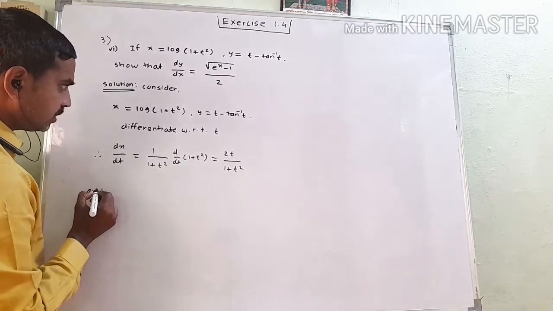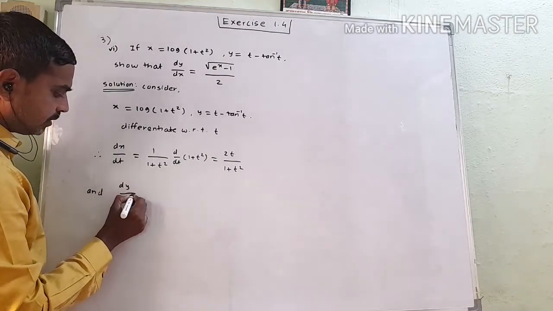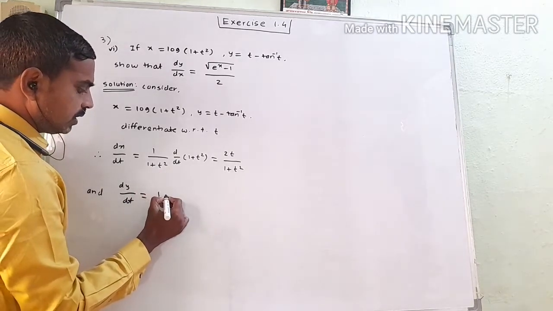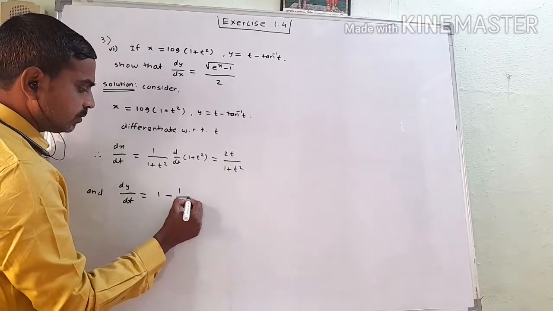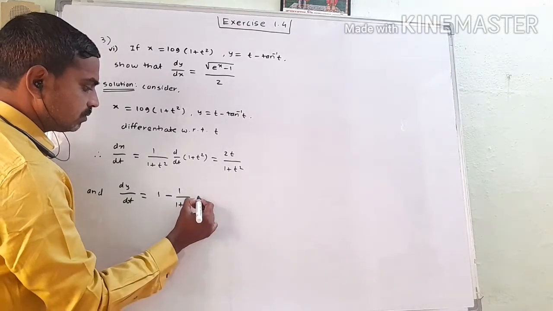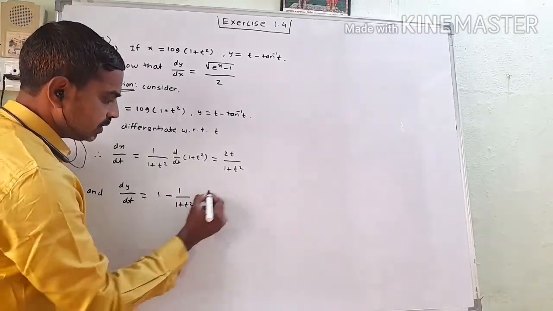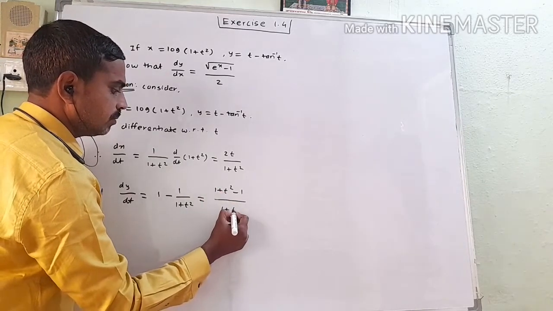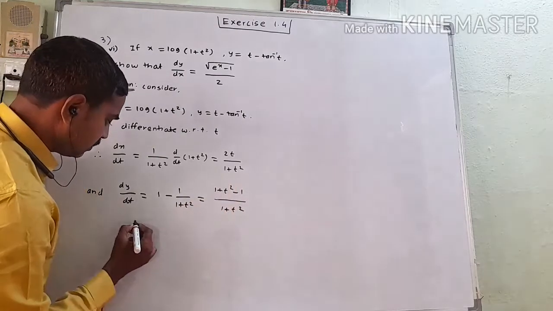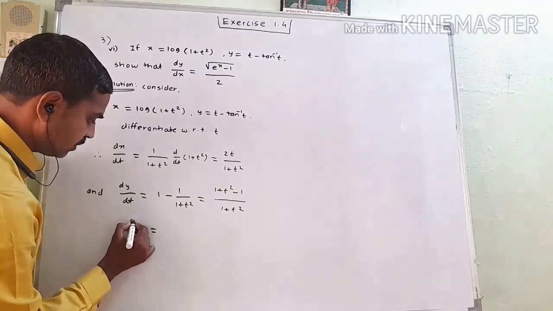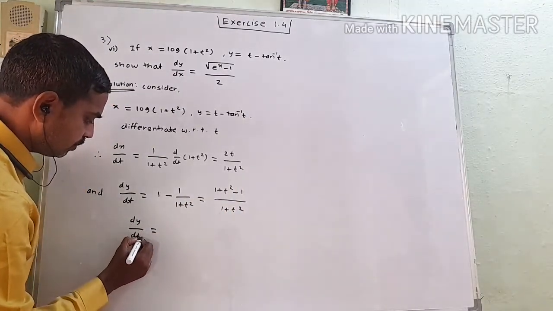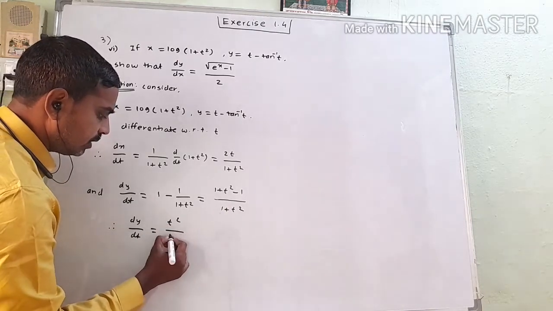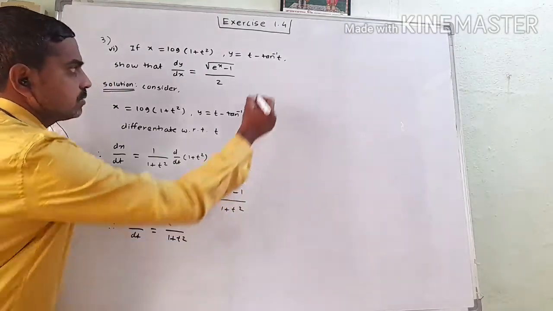And the second differentiation, dy by dt: the derivative of t is 1 and the derivative of tan inverse of t is 1 divided by 1 plus t square. We will take cross multiplication here: (1 plus t square minus 1) divided by 1 plus t square. 1 minus 1 is 0. And the derivative of y with respect to t is t square divided by 1 plus t square.